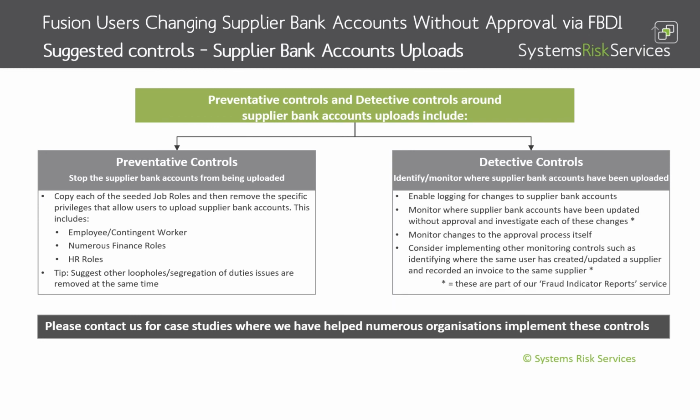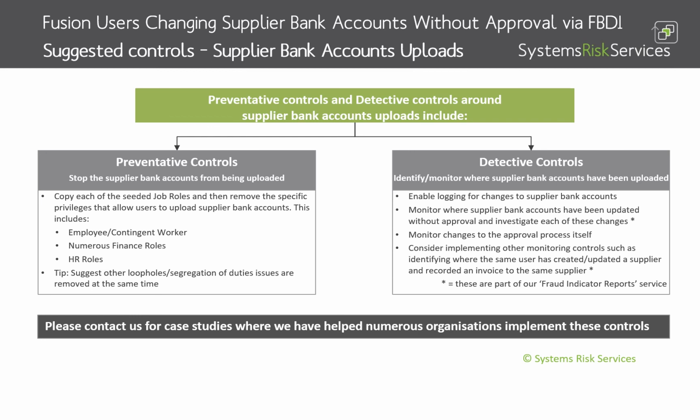So if I then move on to the detective control side, these are slightly different. I should be thinking about how I log changes to supplier bank accounts first of all, so I can enable that through the auditing, and then I want to monitor where they've been updated without approval. So when I use the approval process, it will mark it in the approval log history that somebody has performed an approval activity.